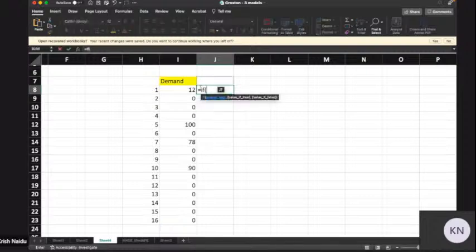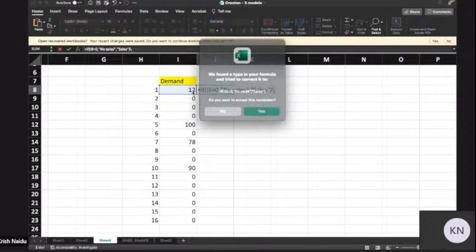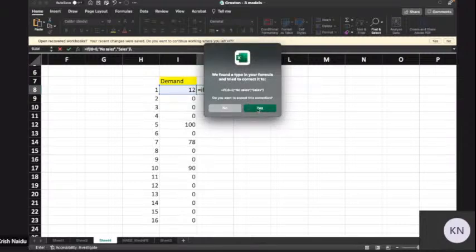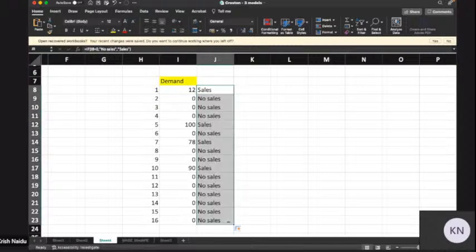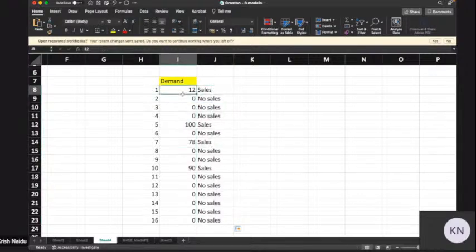If this is equal to 0, then I say no sales, and if it's orange, it means there is a sale. So there are periods where we do not have sales and there are periods where we have sales. Forecasting this kind of product is a very challenging thing.